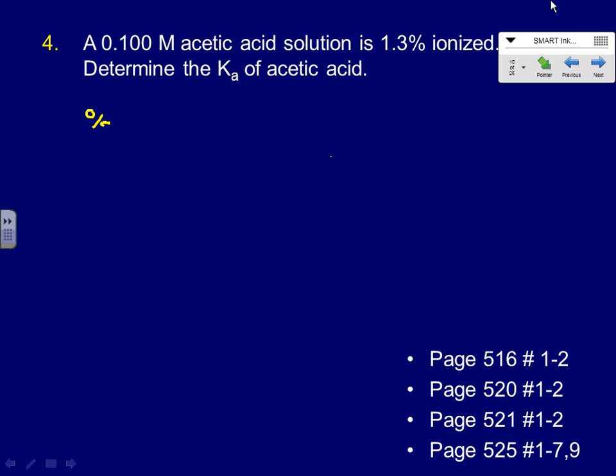Remember, percent ionization is equal to the concentration of H3O plus over the concentration of HA initial times 100. Really what that means is 1.3% of this became H3O plus. So you can rearrange that equation if you'd like to get H3O plus, but really it's a quite simple calculation.